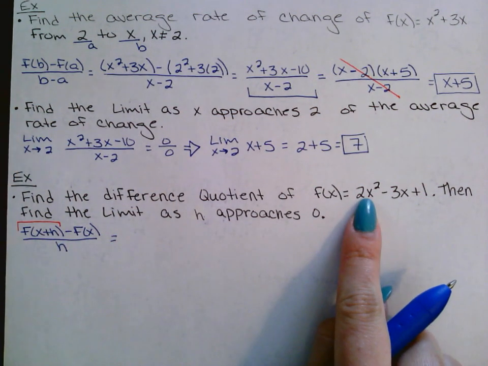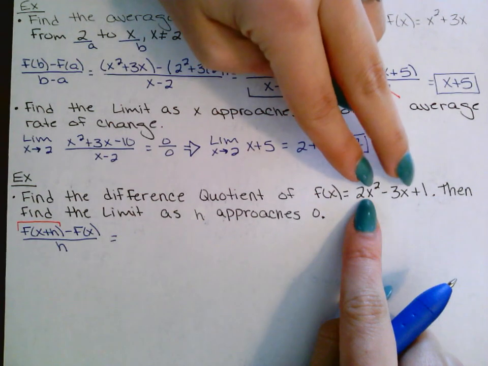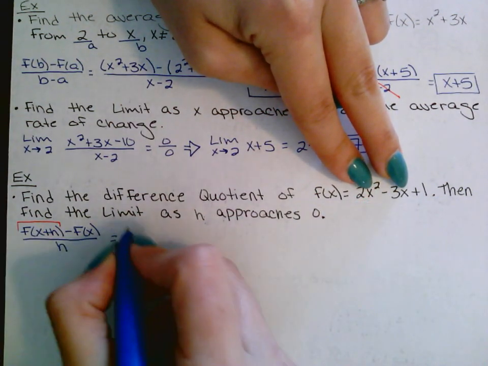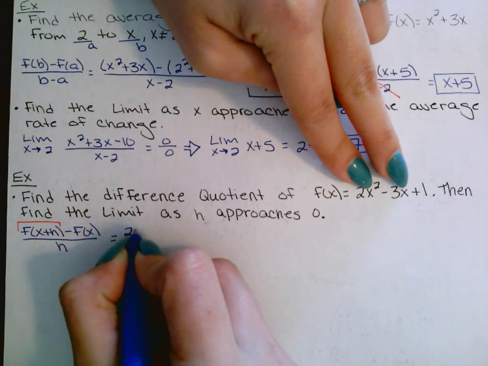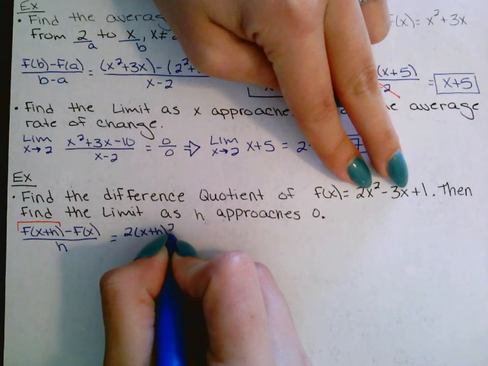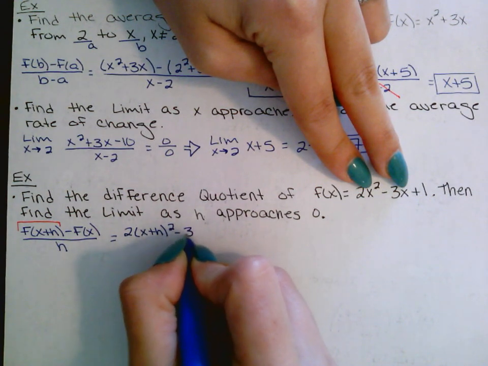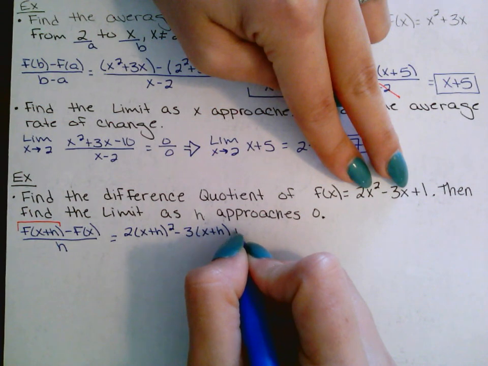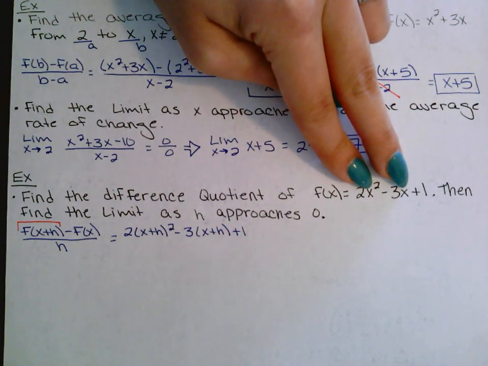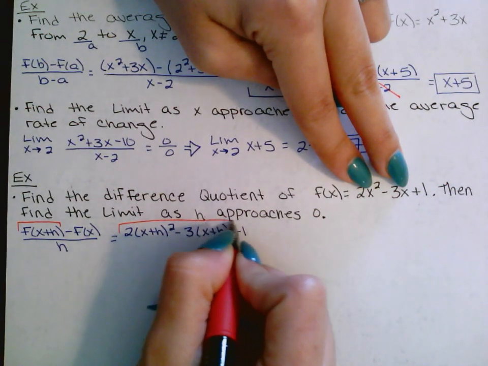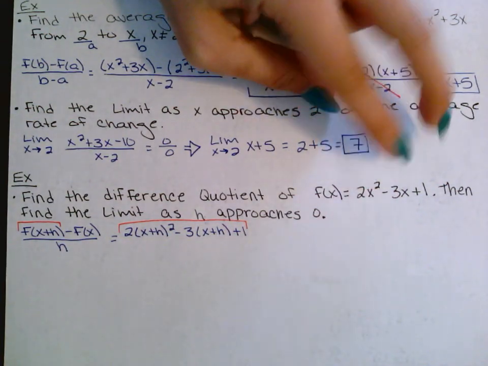So if this is my function here, I have an x twice, which means I'm going to plug in x plus h twice. I'm going to say 2 times x plus h squared minus 3 times x plus h, and then I have the plus 1. If you can follow my little color coding here, this is step 1.